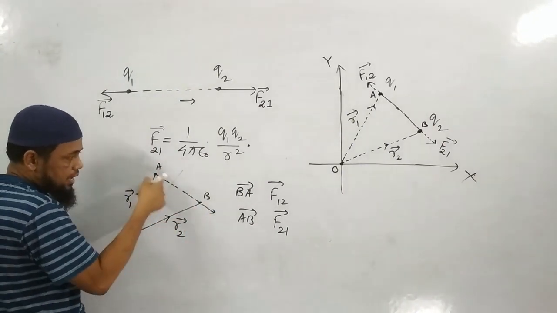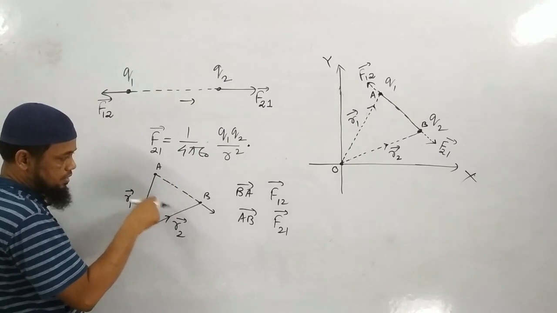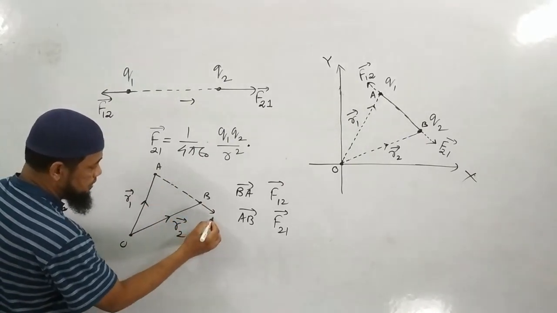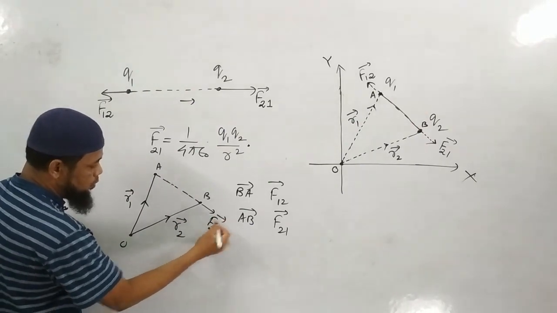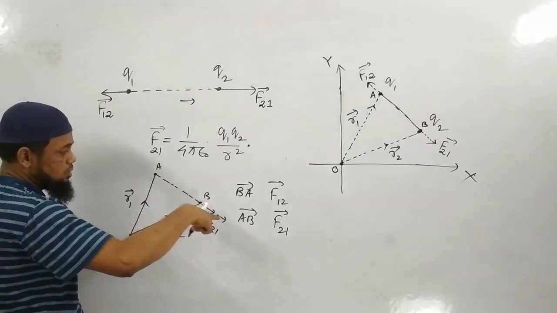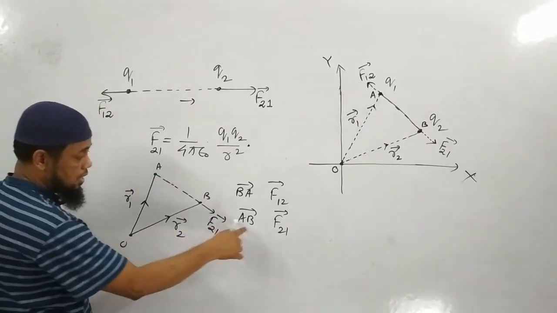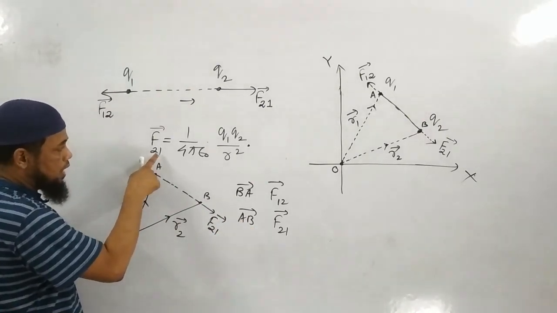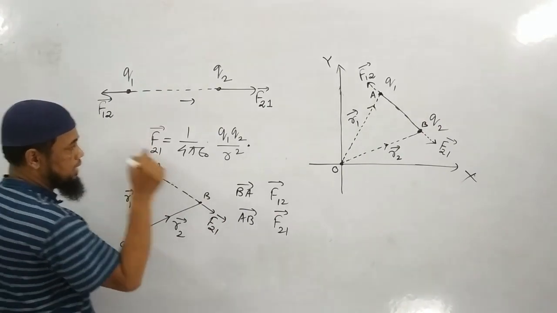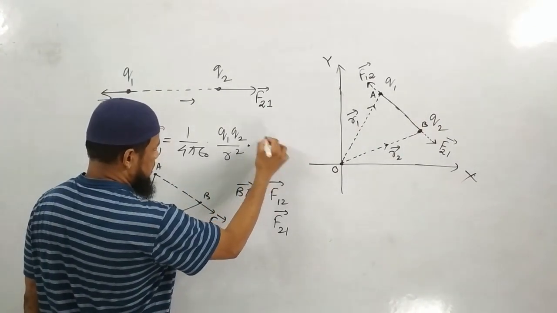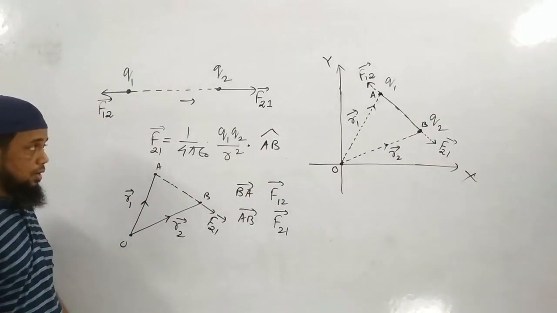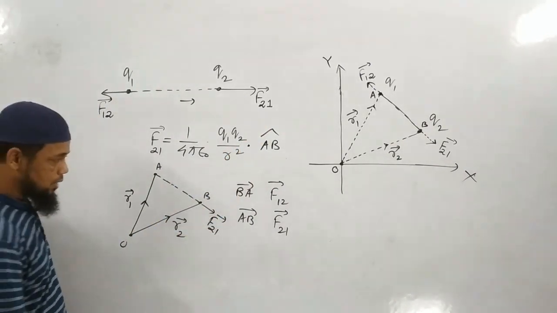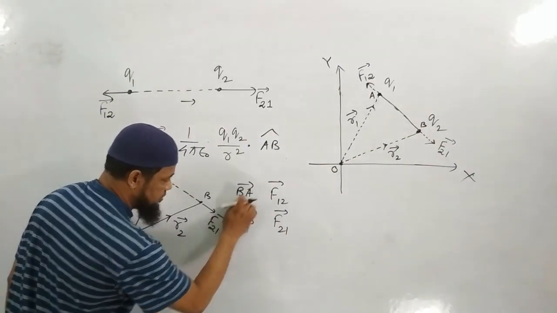This is the direction of AB. Listen carefully. This is the force on 2 by 1. This is the direction of AB. Clear? So the direction of F21 is in the direction of AB. I call it AB cap, the unit vector in the direction of AB. Okay? See here, I'll just rub it off.